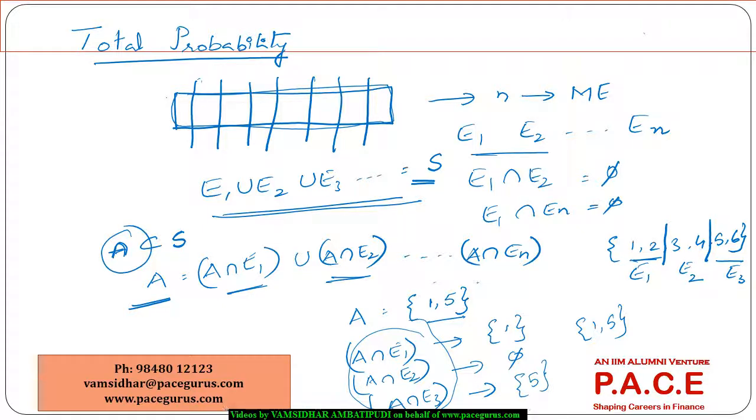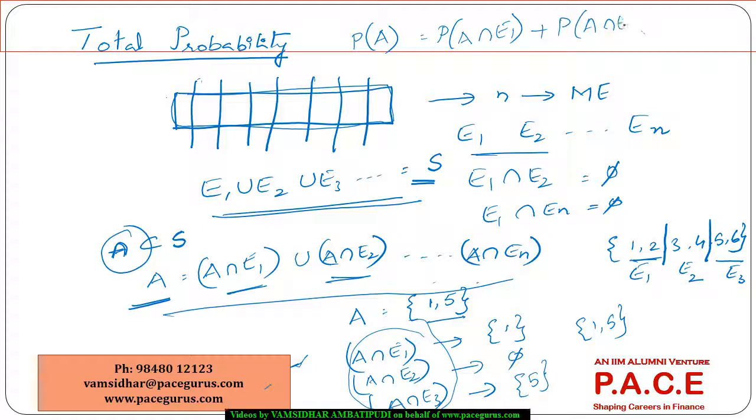So A can be written in this form, which means now I'll apply the probability also in this form. Because they are mutually exclusive, the probabilities are a simple summation. So P of A becomes probability of A intersection E1 plus probability of A intersection E2 plus so on, probability of A intersection En.